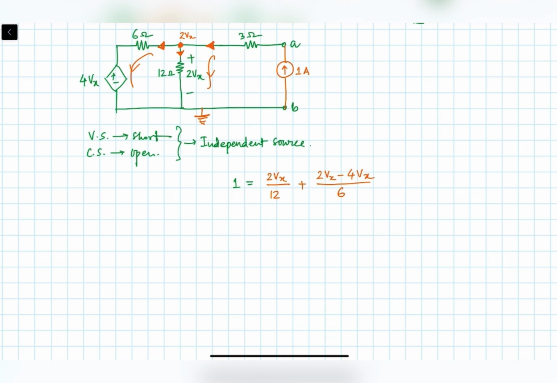Alright, now if we solve this, we'll get 12 in this side, 2Vx plus 4Vx minus 8Vx. So that is 12 is equal to minus 2Vx. So Vx is equal to minus 6.